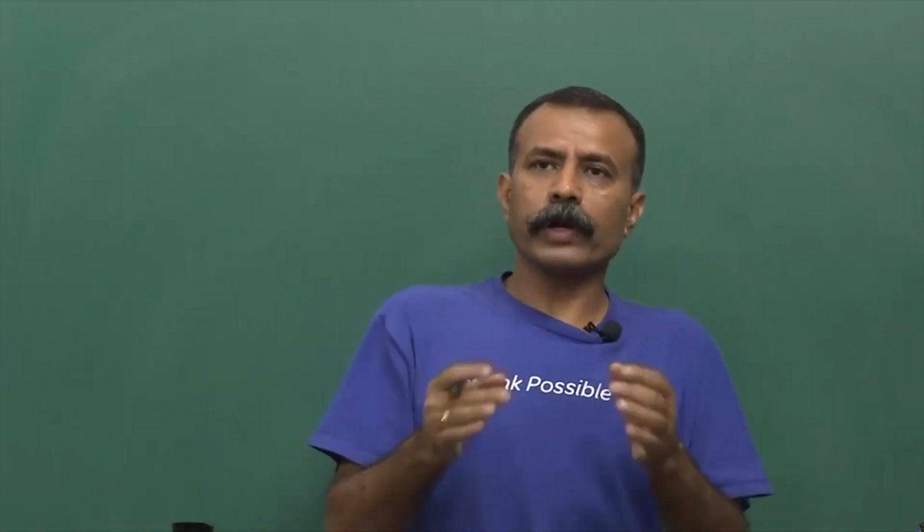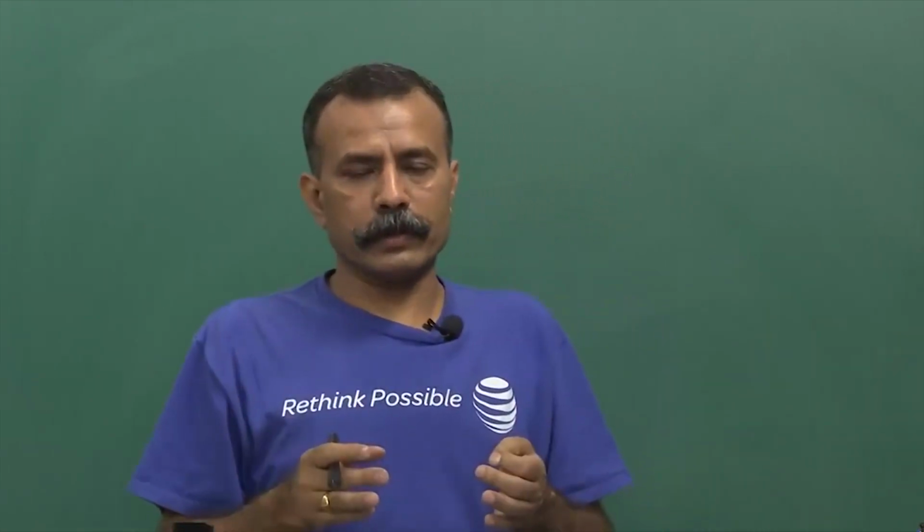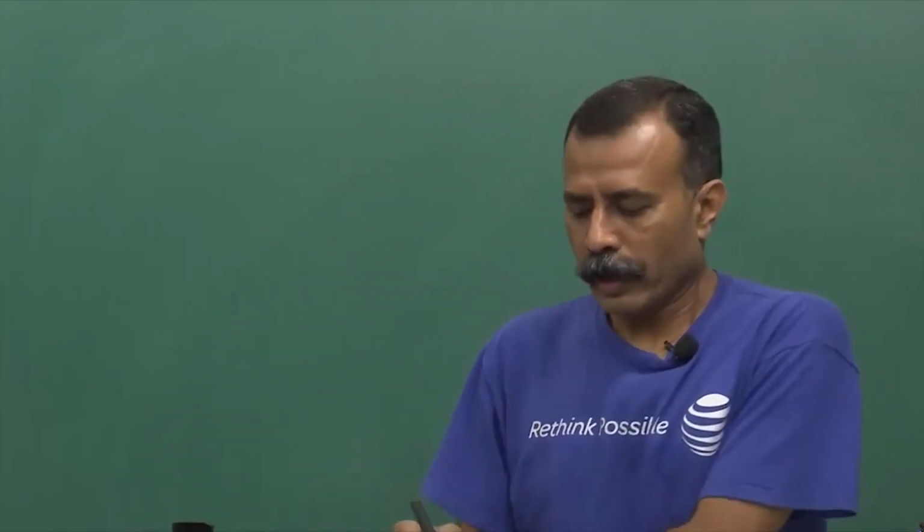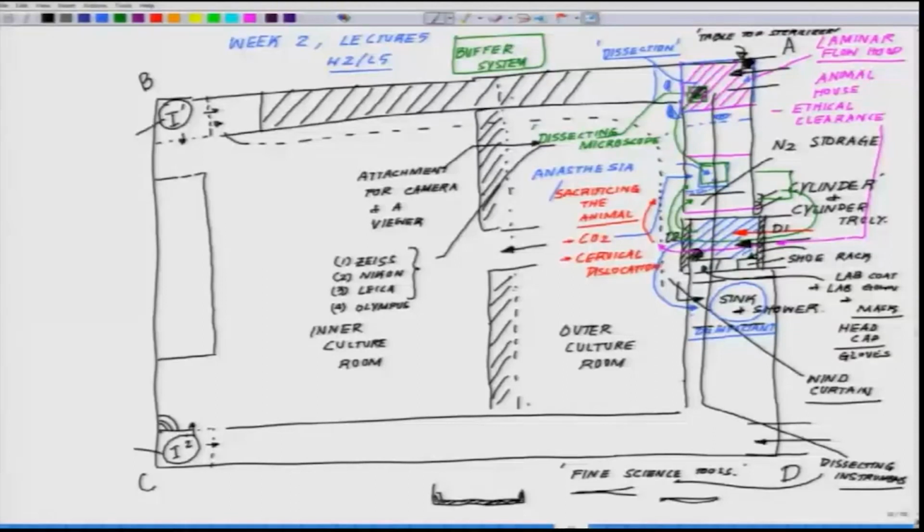So, before you use the dissecting box, what do you do? You sterilize it. So, you have to have one more thing, an autoclave somewhere. Now, this autoclave can be outside the lab also. An autoclave is something like a pressure cooker, where at high moisture and high pressure you sterilize anything.